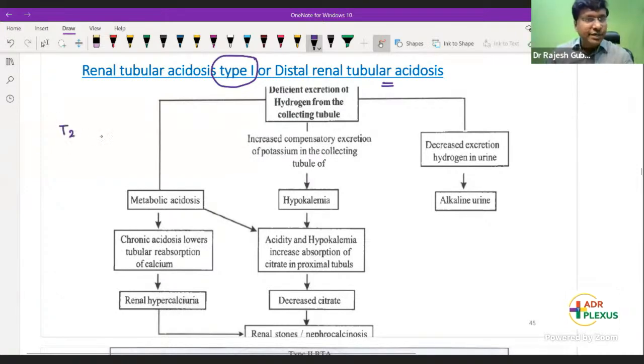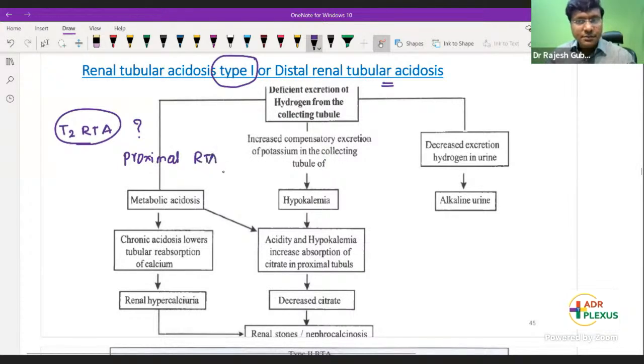Whereas type 2 renal tubular acidosis, can anyone tell me what is another name of type 2 renal tubular acidosis? Yes, so this will be your proximal renal tubular acidosis. But you have some other name for your type 2 apart from your proximal.